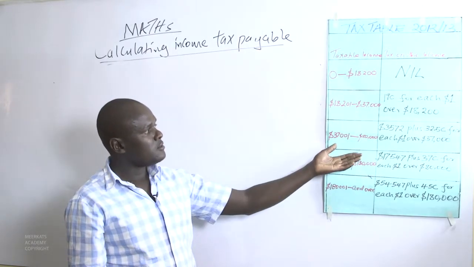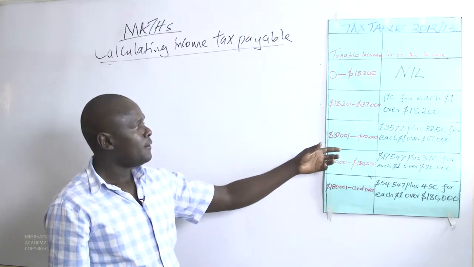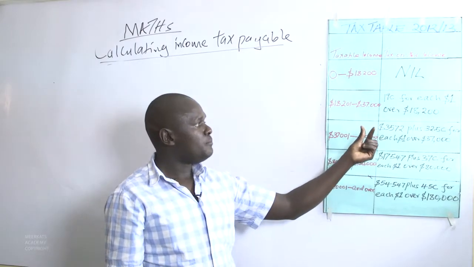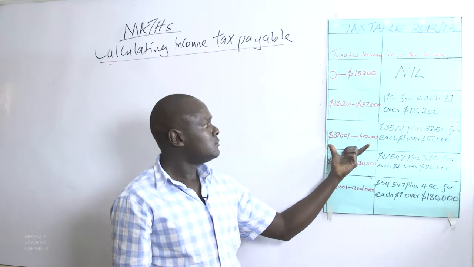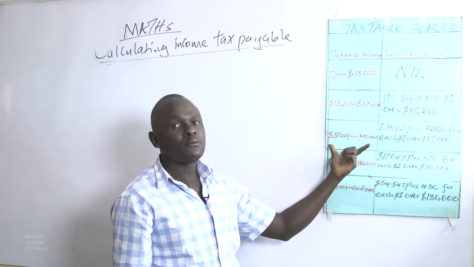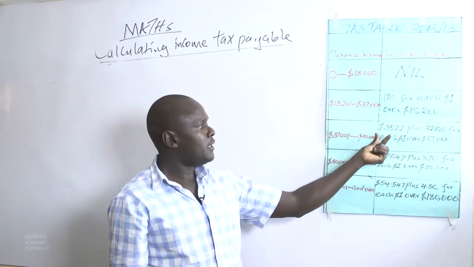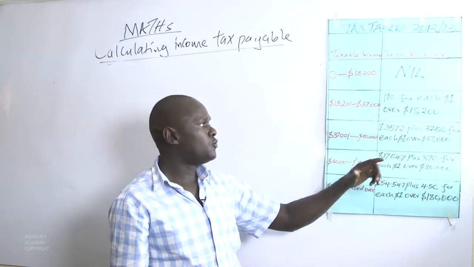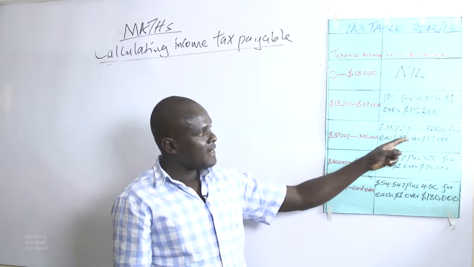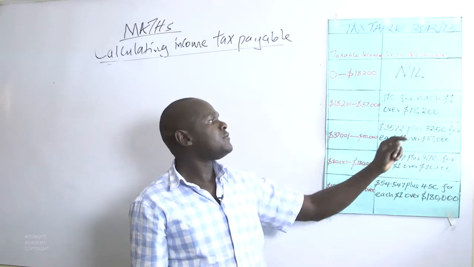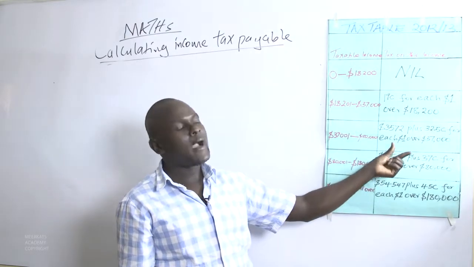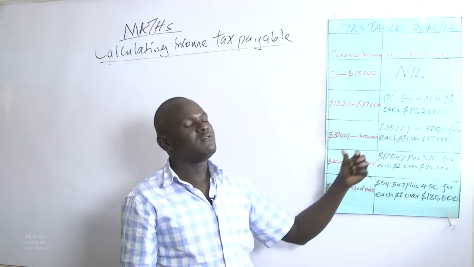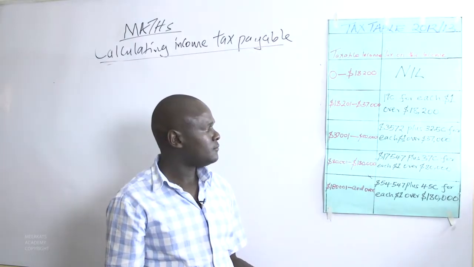And in the third tax bracket, the people who earn a taxable income within this range will pay a base tax of $3,572 and an additional 32.5 cents for each dollar they earn above $37,000.